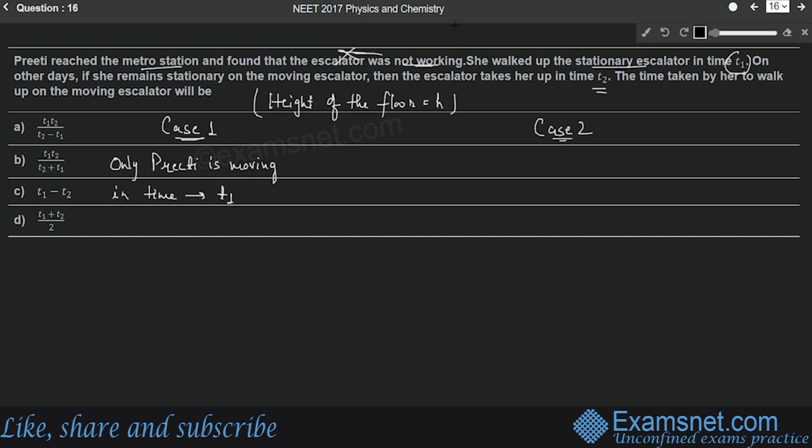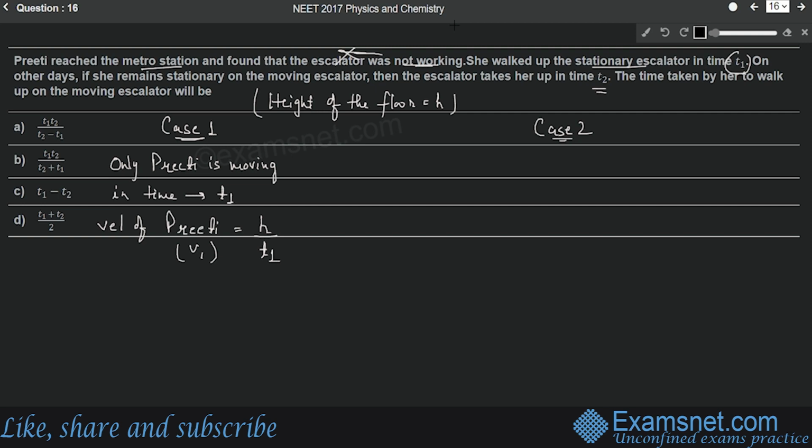So what will be the velocity of Preeti? Velocity of Preeti, or you can say Preeti's walking speed, is equal to the total height of the floor upon the time taken by Preeti, t1. So h upon t1 is the velocity of Preeti, that is v1, right? Now in the second case, Preeti remains stationary on the moving escalator.